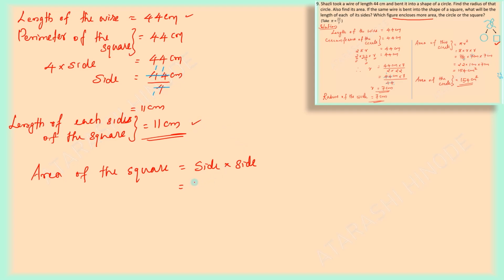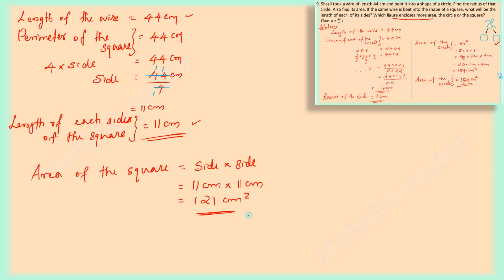So we can write 11 centimeter into 11 centimeter, that is equal to 11 11s are 121 centimeter into centimeter, it is centimeter square. So area of the square is 121 centimeter square.